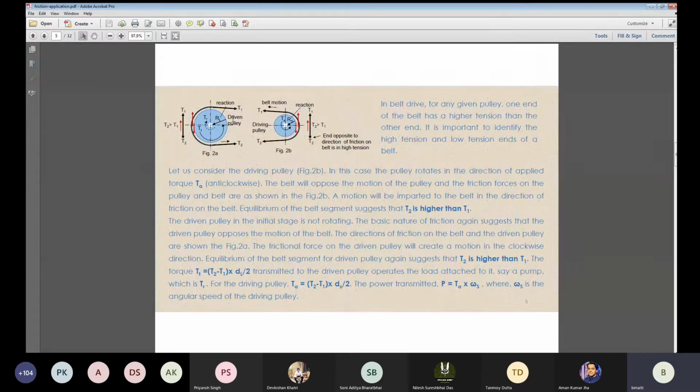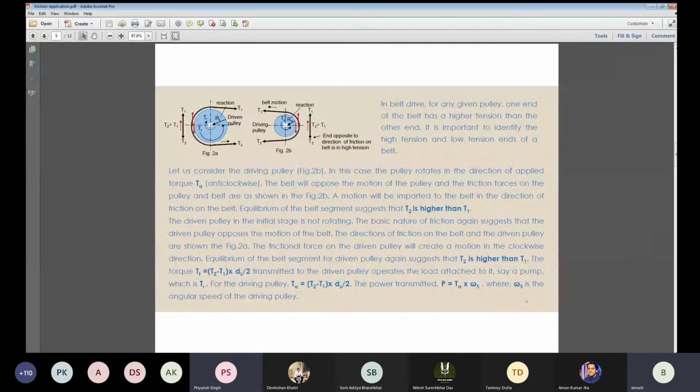The driven pulley will give a torque of T2 minus T1 multiplied by its corresponding radius. So for this power transmission, the driving pulley has a capacity of T2 minus T1 that is much lesser. Are you getting my point?